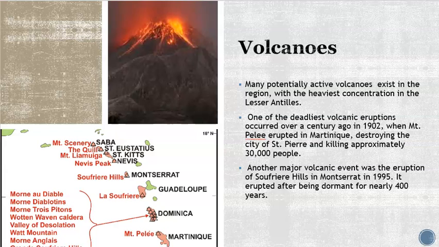There was one in 1902 in Martinique, but then a little bit more recent, in 1995, Montserrat also had a major volcanic event. That volcano had been dormant for 400 years, and then it erupted and caused some destruction on the island of Montserrat.